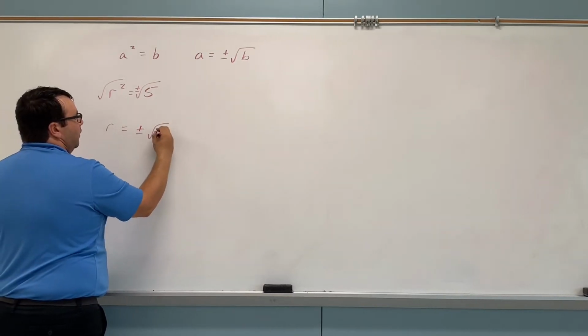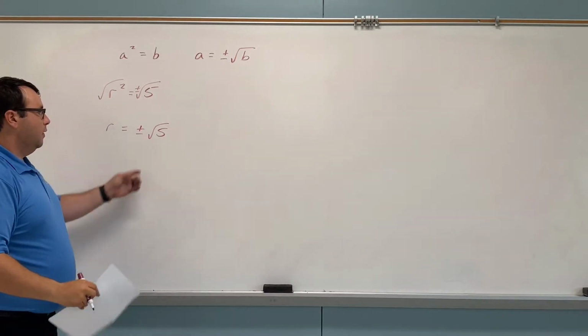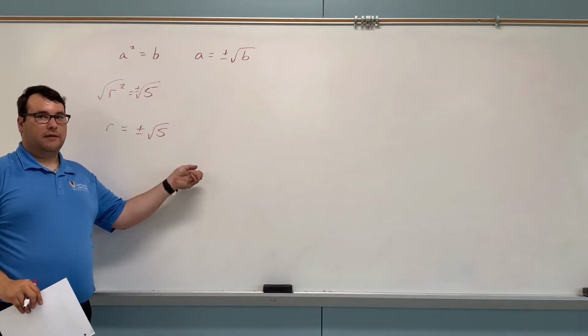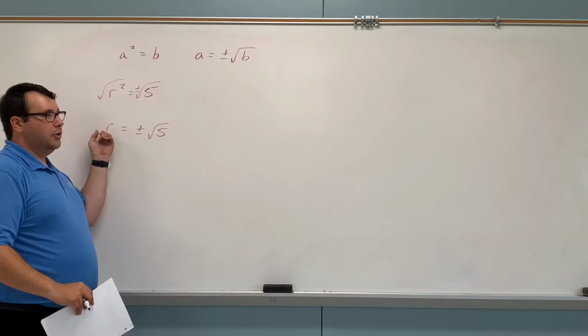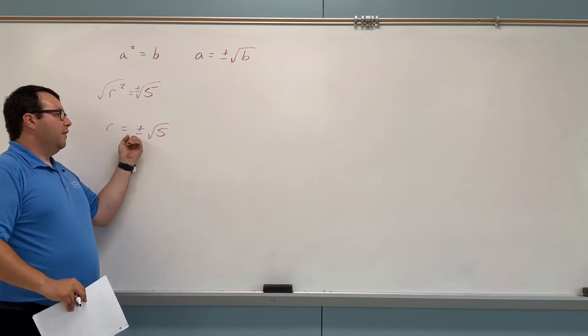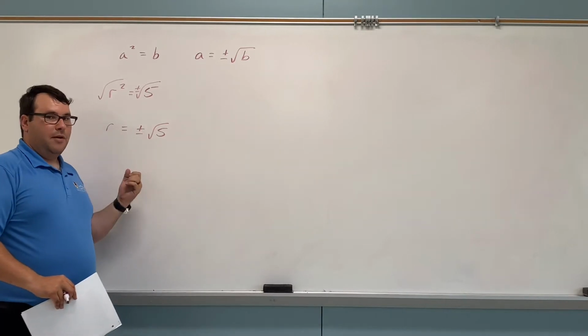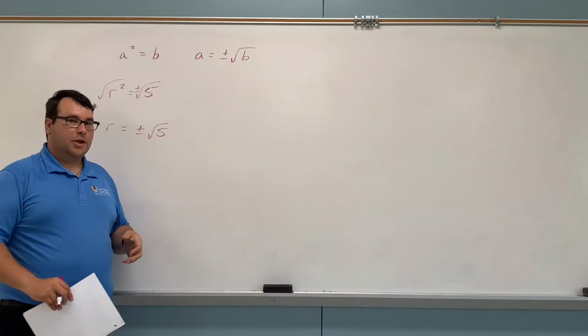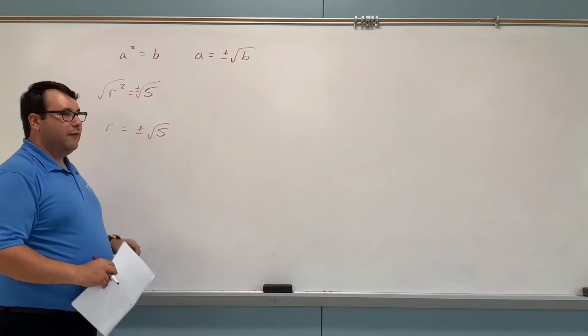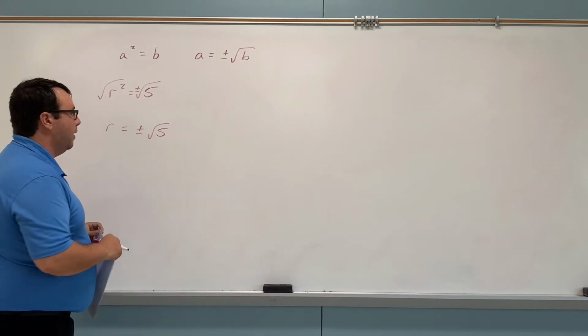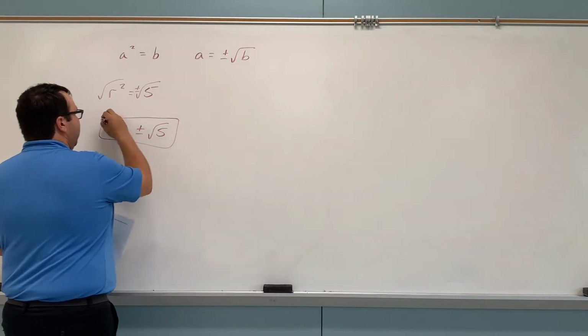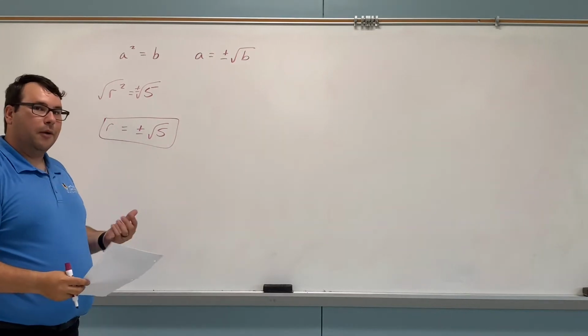Because if I were to take the square root of 5 and multiply it against itself, I should get my original value. And if I were to take the negative square root and multiply it against itself, I should get the same value. So it's very important to make sure you have that plus minus value in here for the square root property. So that is all you would have solving for r.